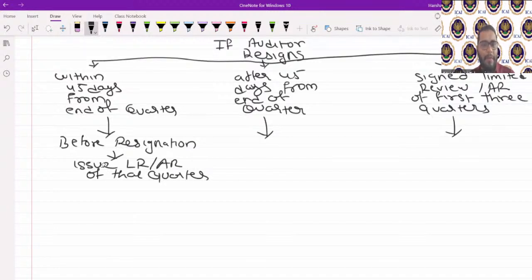Okay, so the limited review or audit report for that quarter, the auditor is required to issue.